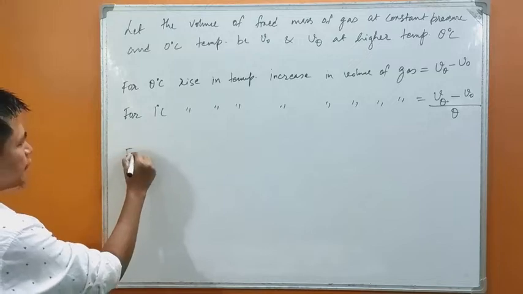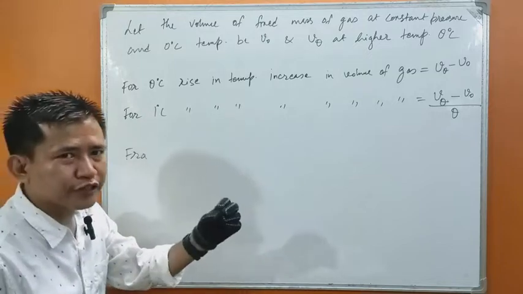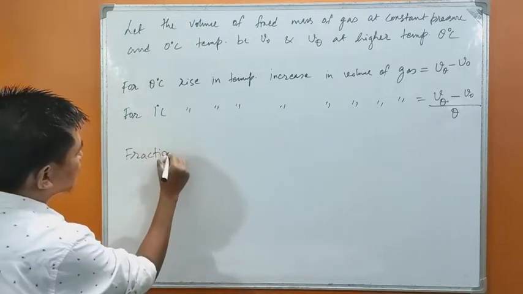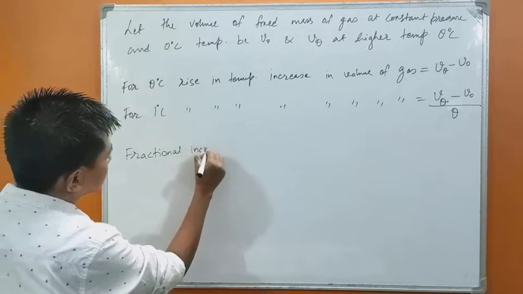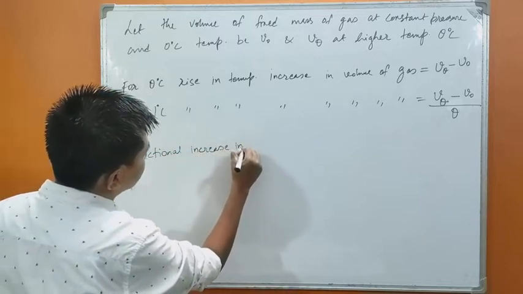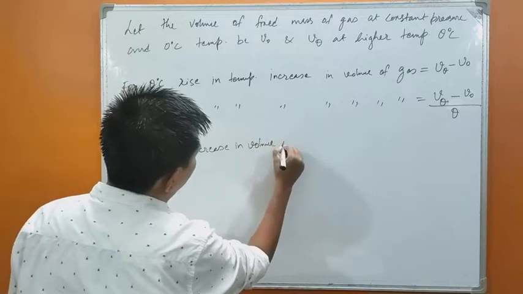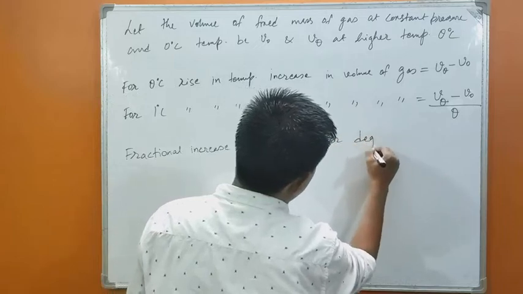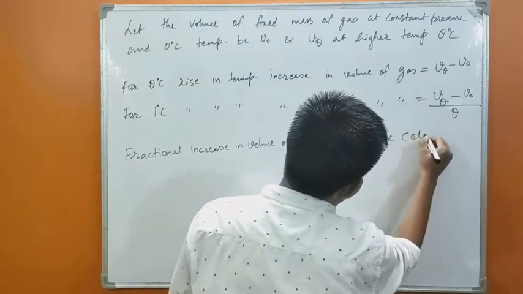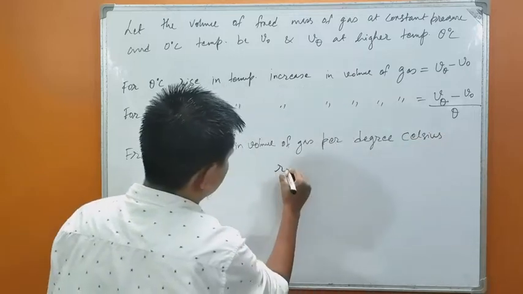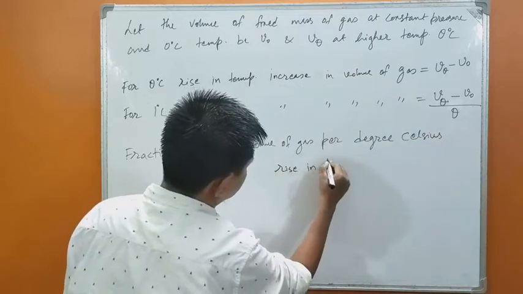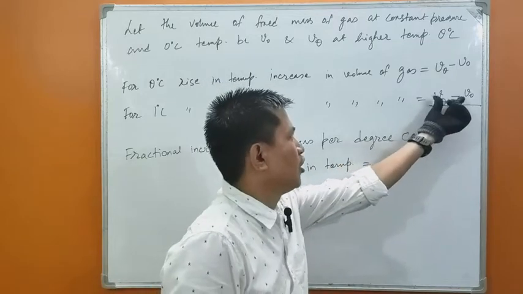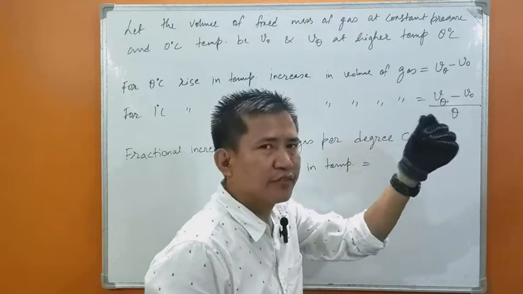So definition of the coefficient of volume expansion of gas: fractional increase in volume of gas per degree Celsius rise in temperature equals increased volume by original volume, which is the fractional increase.